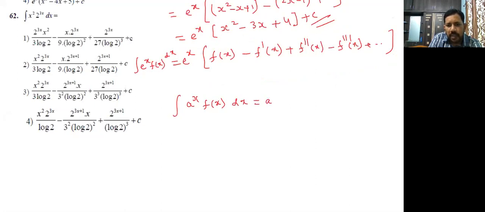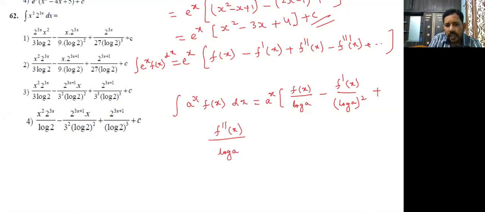This is the method: a power x into f of x divided by log a, minus f dash of x divided by log a whole square, plus f double dash of x divided by log a whole cube, minus f triple dash of x divided by log a whole power 4, and so on. So this is the formula.